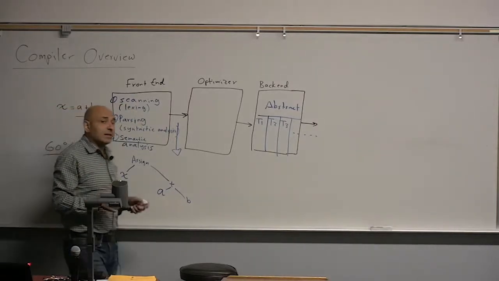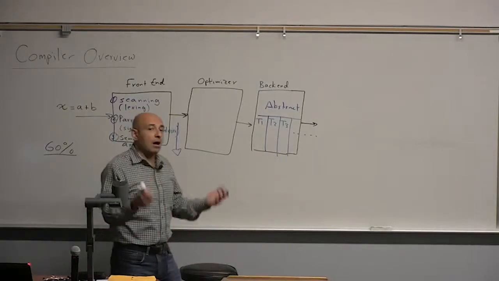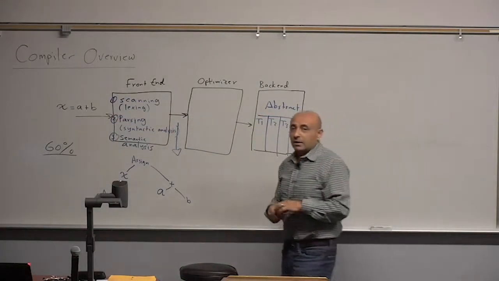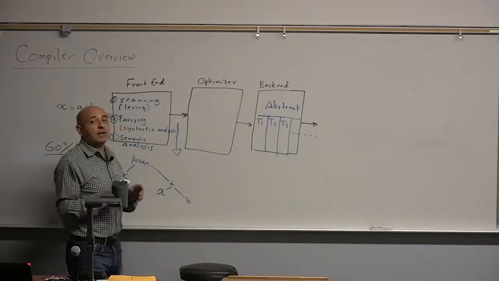These targets are target processors. For example, Intel x86 is a target, ARM architecture is a target, GPU is a target, embedded processors, many, many different kinds of processors.